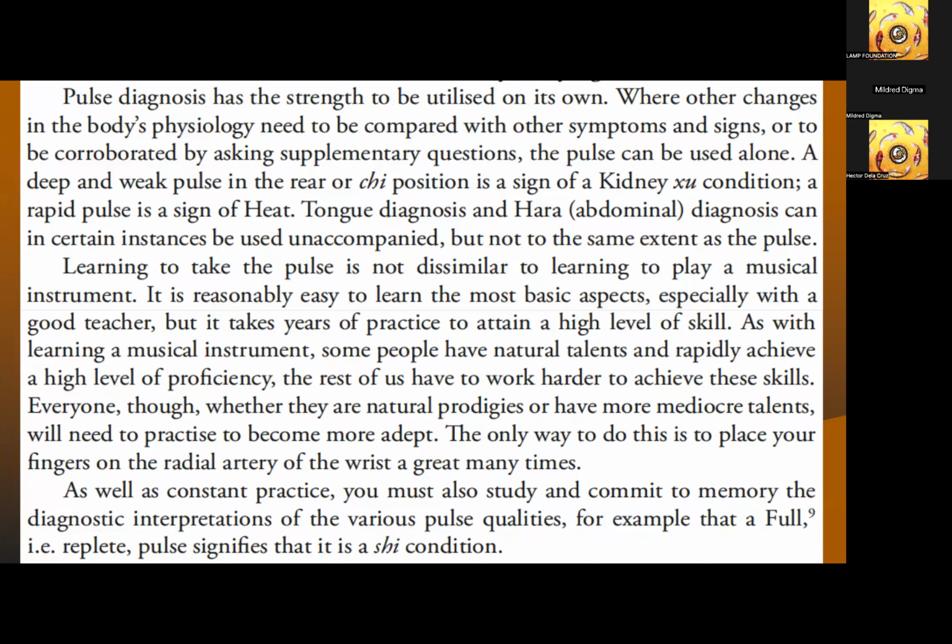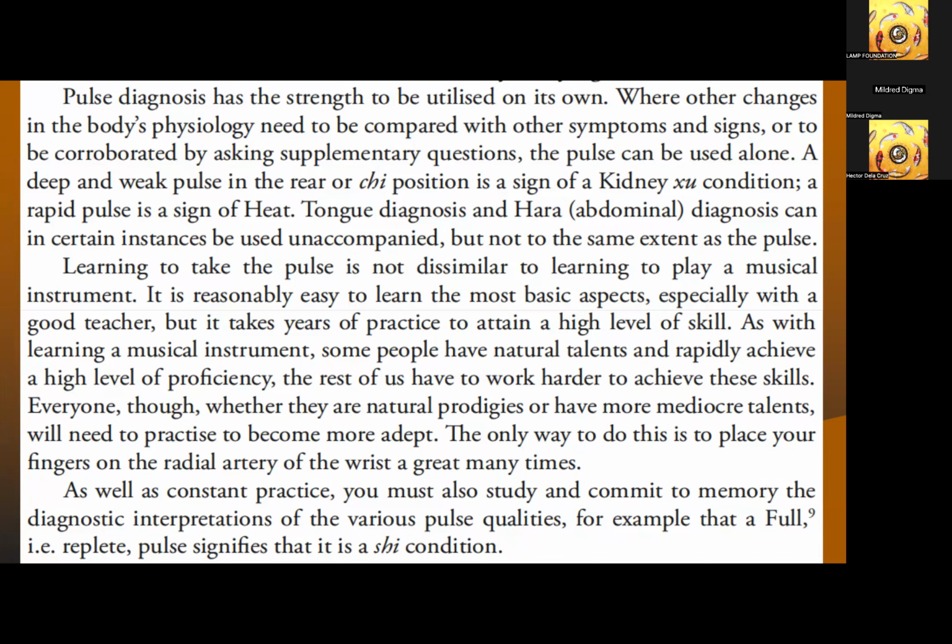Where other changes in the body's physiology need to be compared with other symptoms and signs, or to be corroborated by asking supplementary questions, the pulse can be used alone. Kaya pala there are practitioners pulse lang ginagamit.